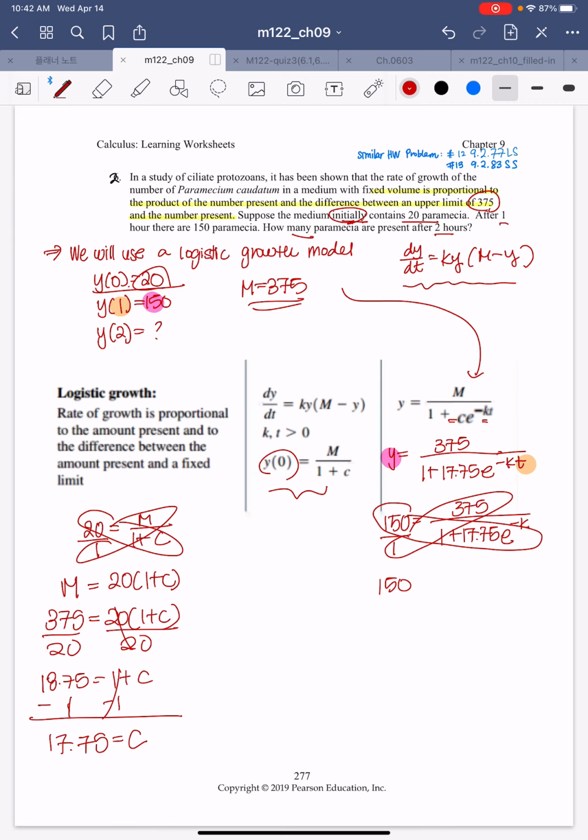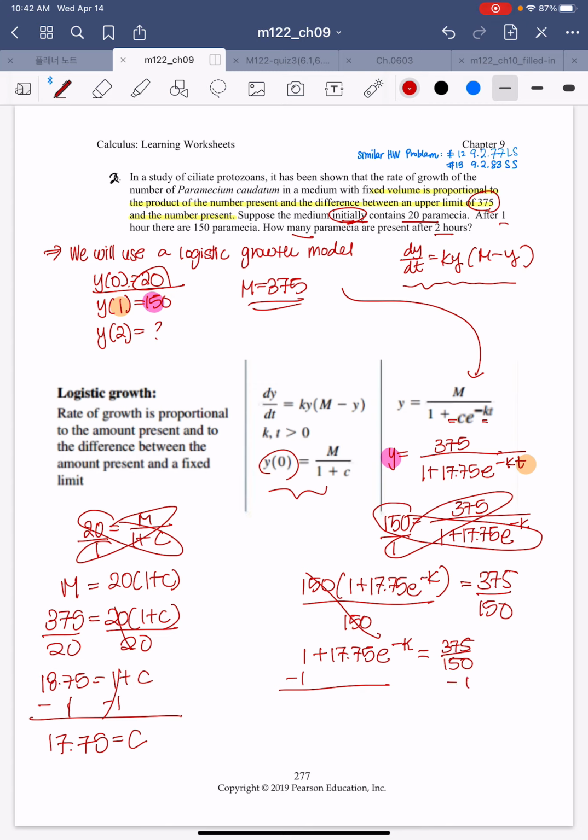So 150 times 1 plus 17.75 e to the negative k equals 375. Let's divide by 150. So 1 plus 17.75 e raised to the negative k is 375 over 150. I'm going to subtract 1. So 17.75 e to the negative k.